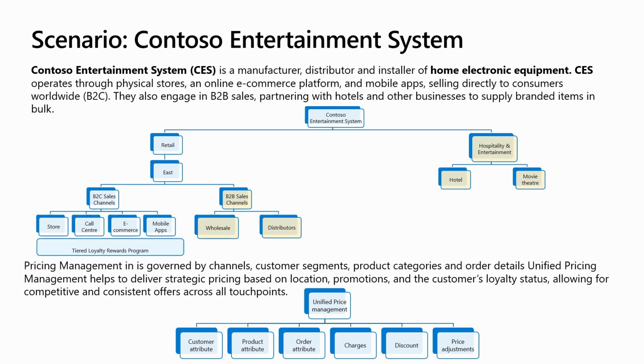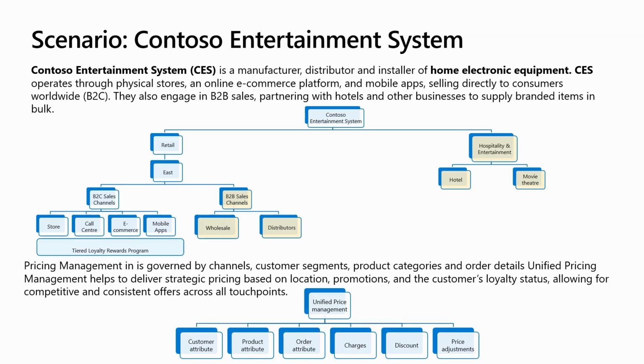Now, in these demos, you'll see how unified pricing management helps Contoso manage competitive and consistent pricing across all their channels. Pricing is driven by a mix of price attributes like channels, customer affiliations, loyalty programs, and even order attributes.